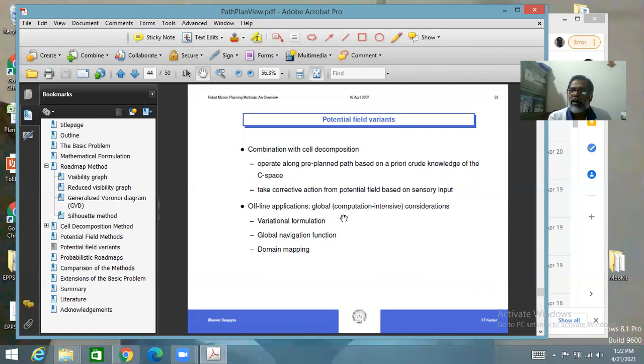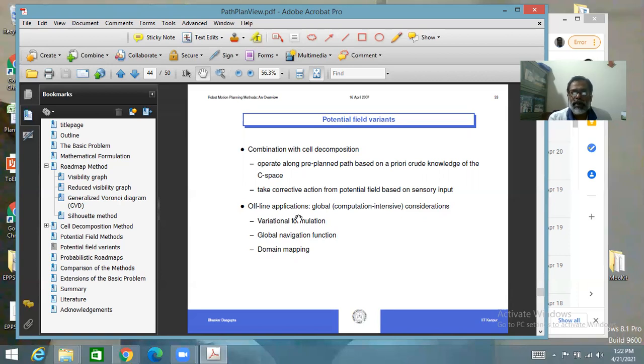Offline applications of potential field methods use computation-intensive considerations, and quite a few of them are possible. These are our group's research contribution over the last 15-20 years.